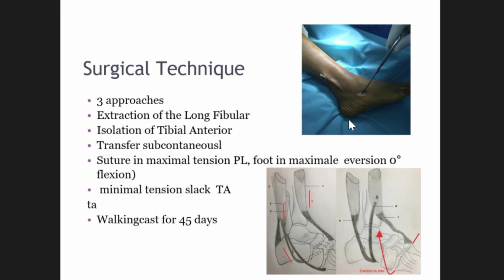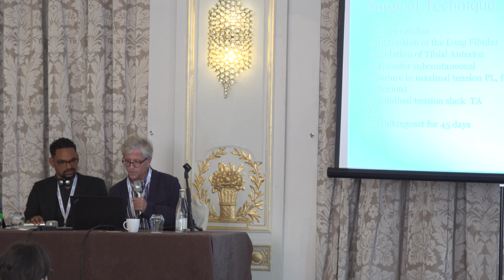Then you transfer the tendon subcutaneously and make a suture. A key point is maximal tension of the peroneus longus, as you can see here, with the foot in maximal eversion and 0 degrees flexion, with minimal tension of the tibialis anterior tendon, which is slack.